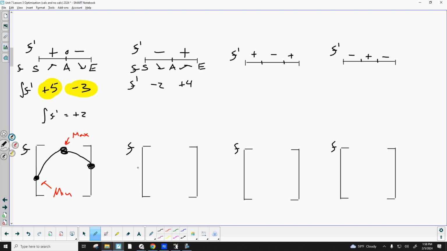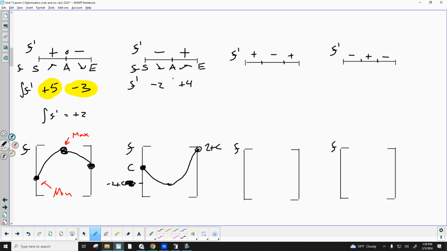Where does it start? I don't know. It starts at C. This is where it starts. Then it decreases 2. So this is C -2 or -2 plus C, whatever you want to do. And then it increases 4, which ends up being +2 plus C. Because overall, my overall displacement was 2.